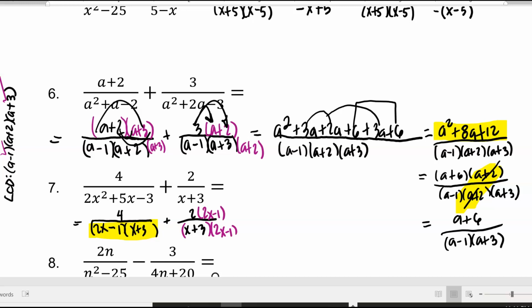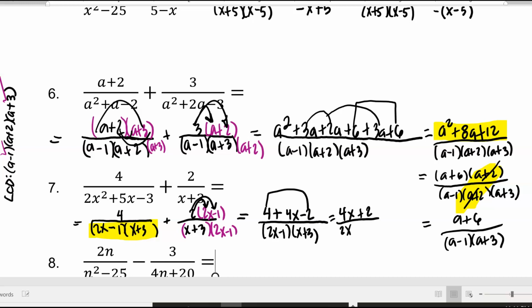So let's combine the numerators: 4 plus, we distribute here, so that's 4x minus 2, over 2x minus 1 times x plus 3. These are like terms, so what we have is 4x plus 2 over 2x minus 1 times x plus 3.